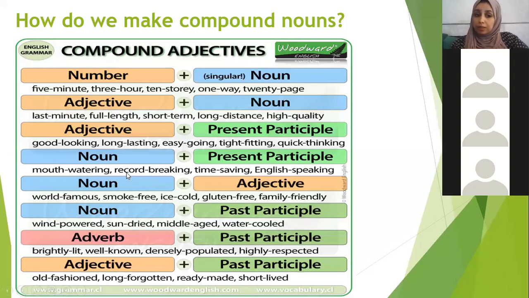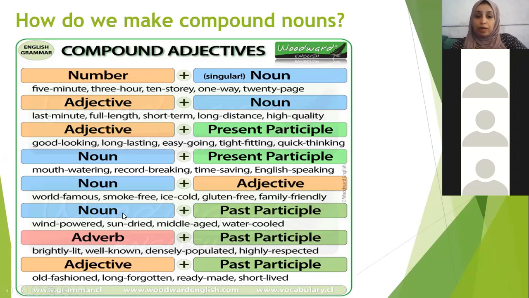So record is a noun and breaking is still a present participle. You can also do a noun and then an adjective. World-famous, with a hyphen, of course. Smoke-free, with a hyphen, definitely.